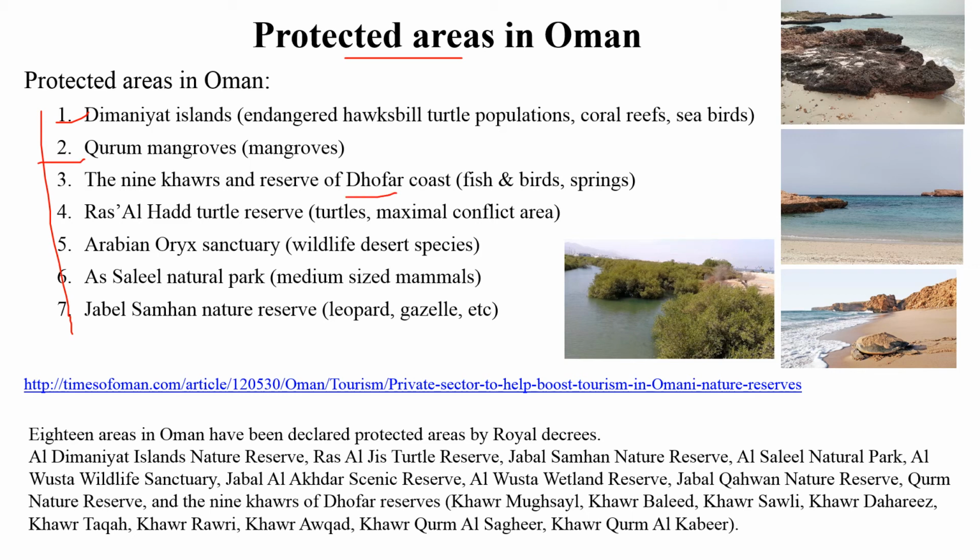Then the Dhofar region, Salalah, is also protected as well as an MPA. Ras Al Hadd is very popular for turtle nesting. These three are basically land-based protected areas. Besides these three, the government has also declared 18 regions as protected areas. Among these a few are marine and a few are land-based.